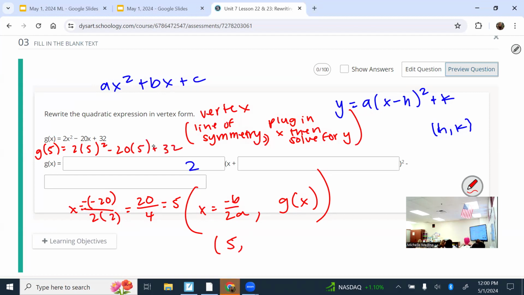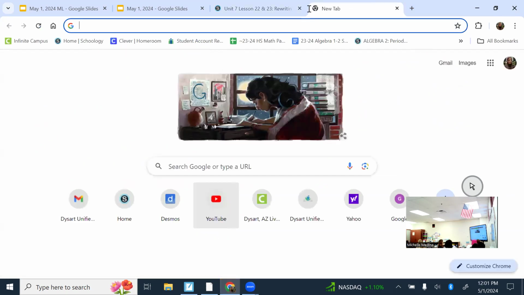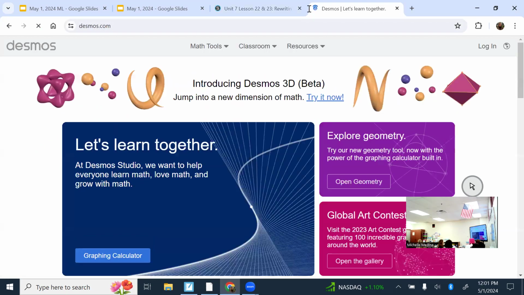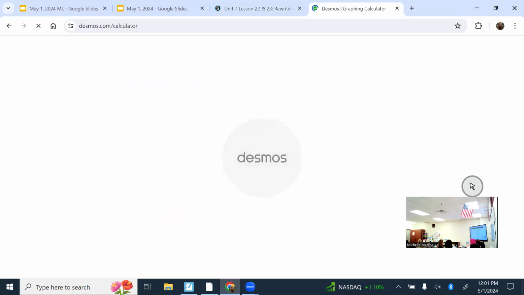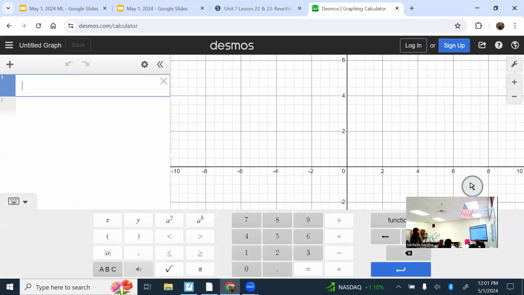And then I'm just going to use my calculator for that part of it because you should. And anytime you plug in, use parentheses and put that in your calculator. So I'm going to do that in a separate tab. 2 times 5 squared, minus, plus 32.